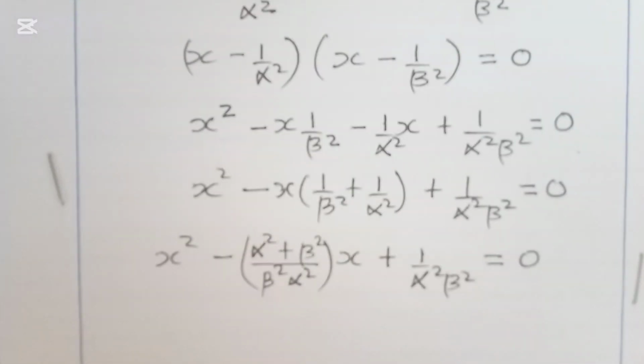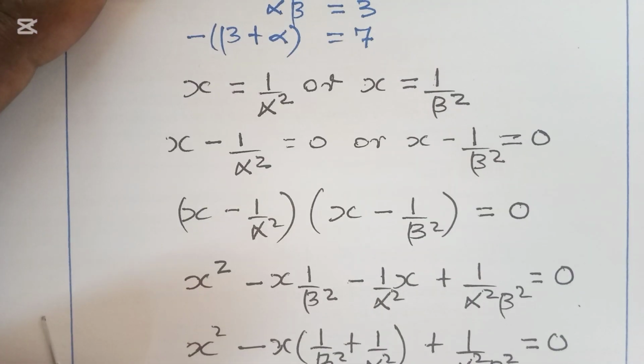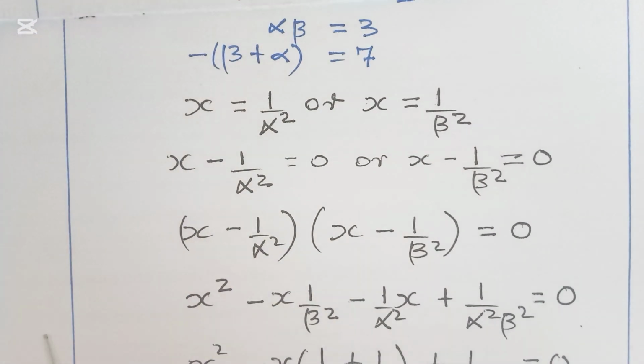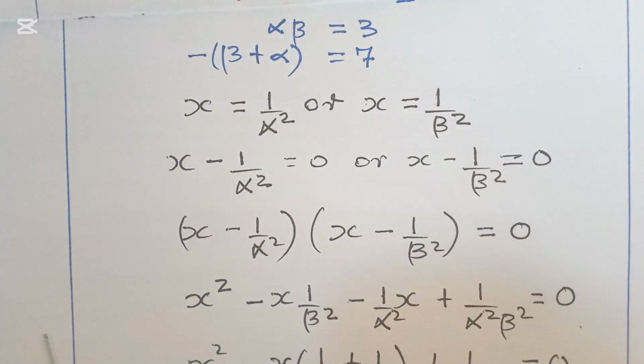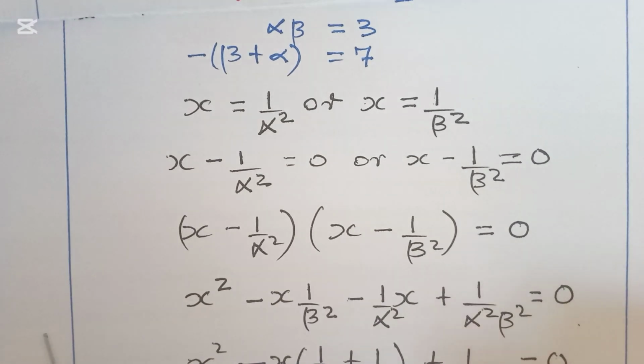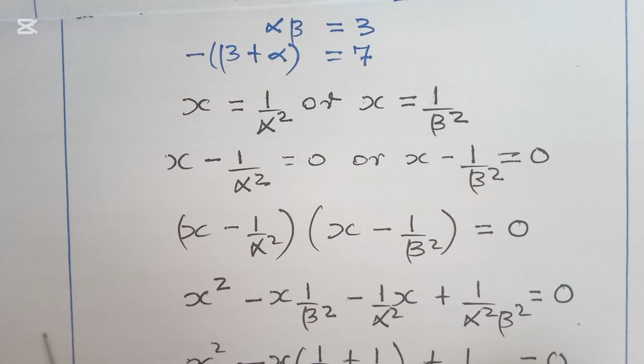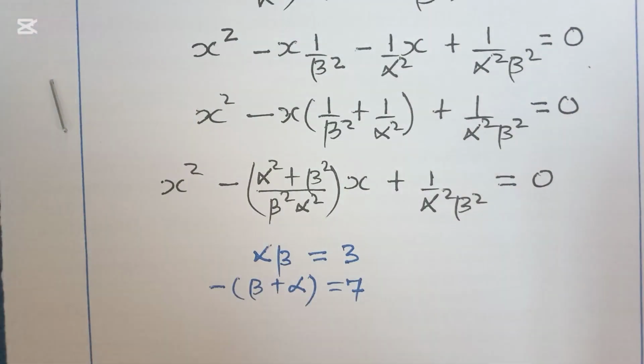So guys, now we can replace for our values, and these are our values here. So I can write them here again so that we can replace them. That is alpha beta equals 3, and then minus beta plus alpha equals 7.